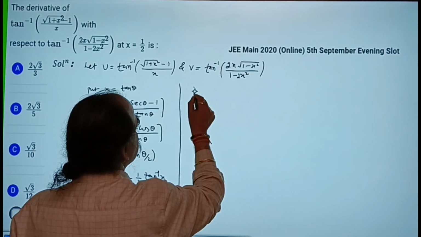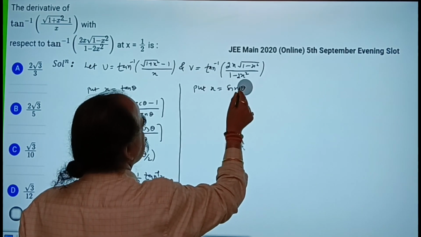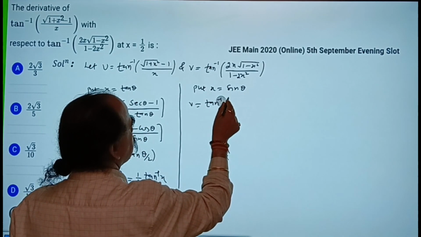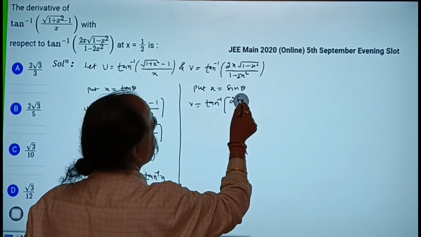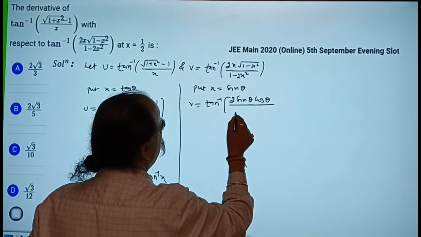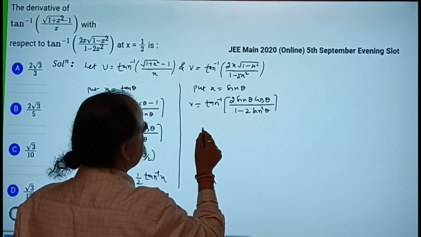In case of v, we put x is equal to sin theta, so v will become tan inverse of 2 sin theta cos theta upon 1 minus 2 sin square theta.